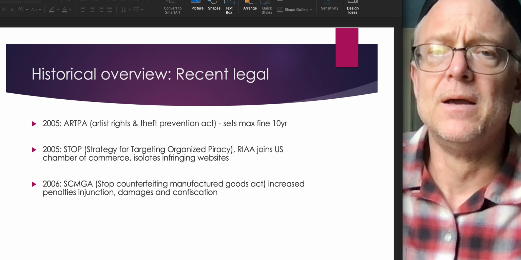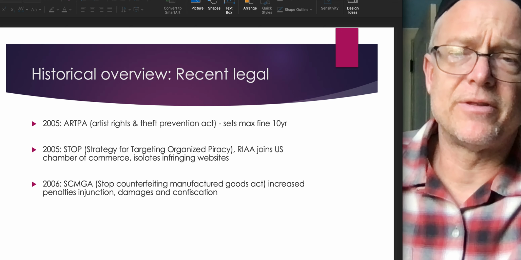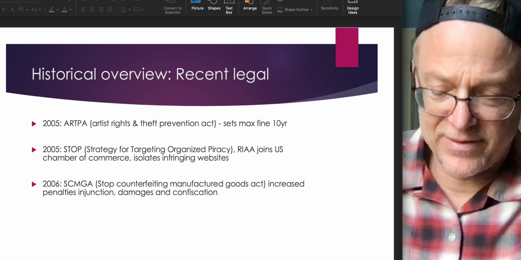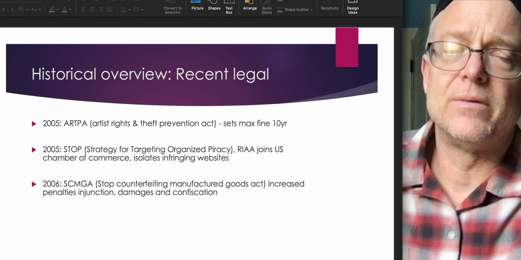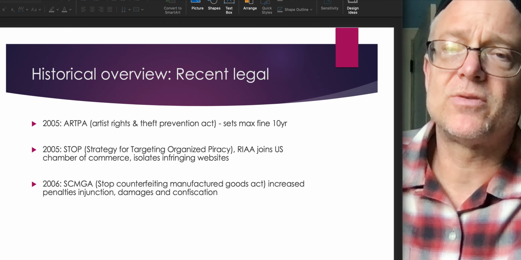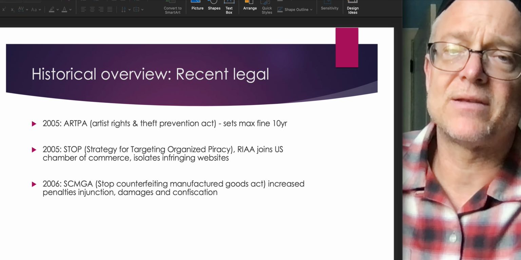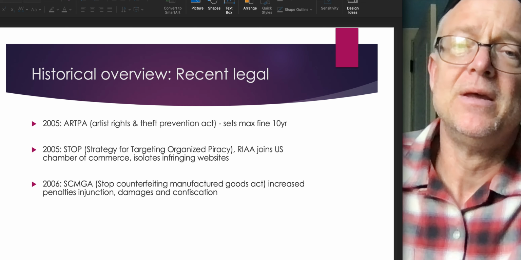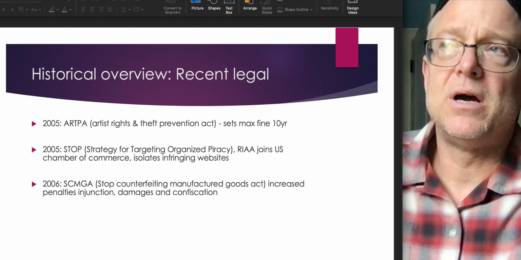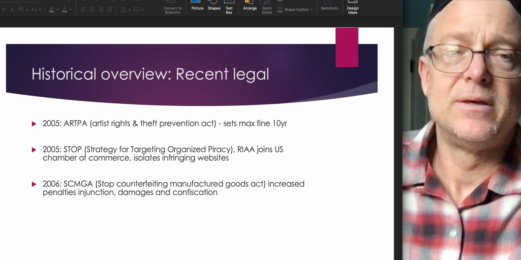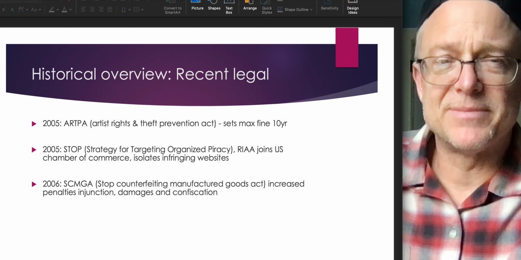Okay. So we're going to start in the recent past and just look back at some of the laws that have been dealing with infringement. The Artists' Rights Theft and Prevention Act of 2005 was really the first time that you see the issue of illegal downloading getting some teeth in it, right?